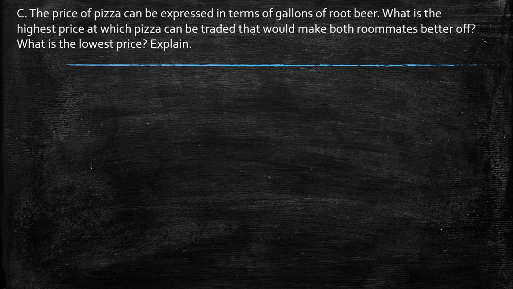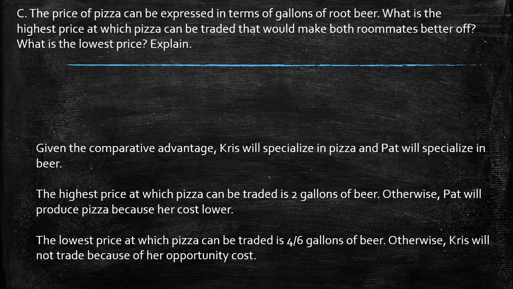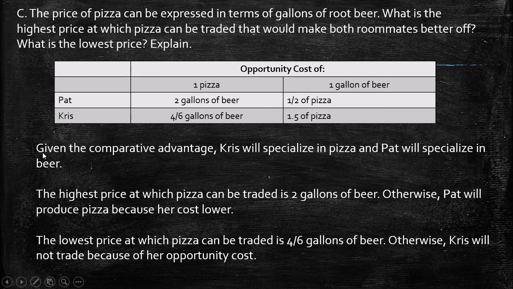The third point. The price of pizza can be expressed in terms of gallons of root beer. What is the highest price at which pizza can be traded that would make both roommates better off? What is the lowest price? Explain. So here we have the opportunity cost of one pizza and the opportunity cost of 1 gallon of beer for Pat and Kris.